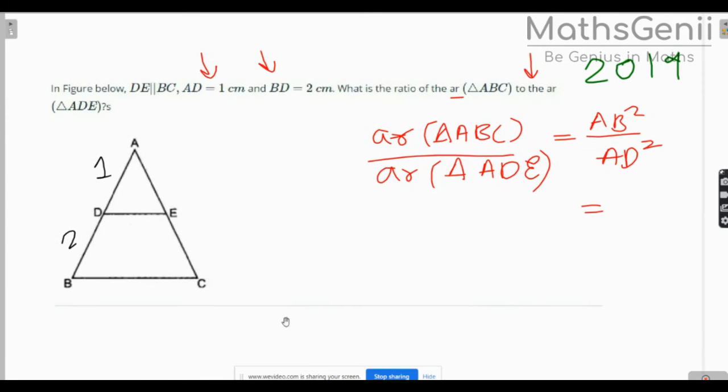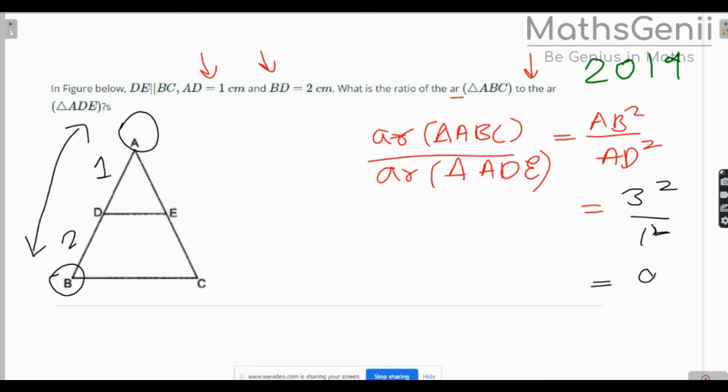Right? So AD value I know, it is 1, so I can write 1 square. But I don't know the AB value. I can easily find it out. AB value is the total, so 2 plus 1, 3. So my answer is 9 upon 1. Okay, your answer always lies in the figure itself.